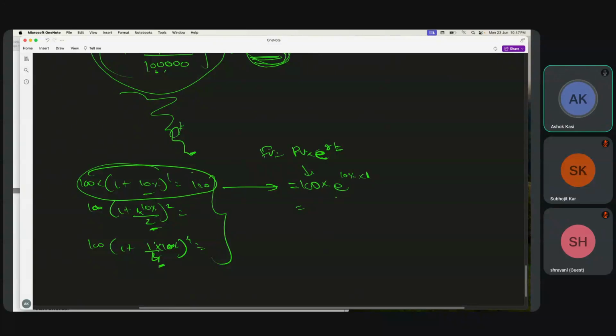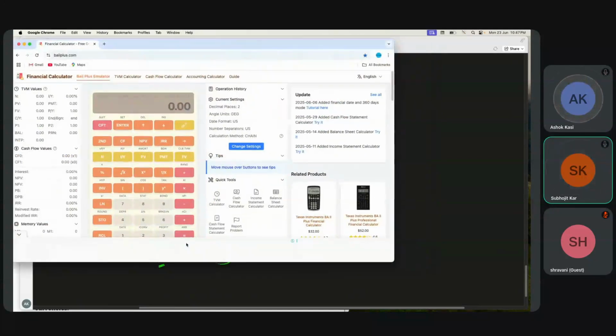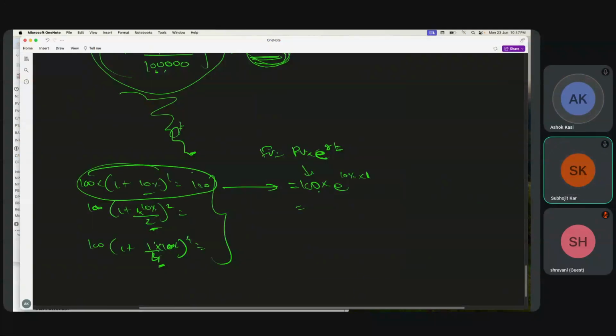So how to calculate this? It's the ln function, right? E raised to x function. See, e raised to x. So first you should solve the upper part here. Second, ln.